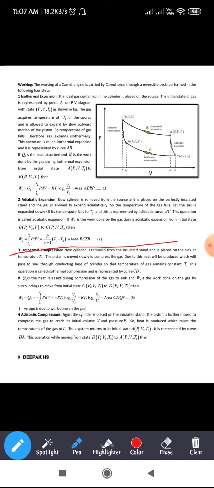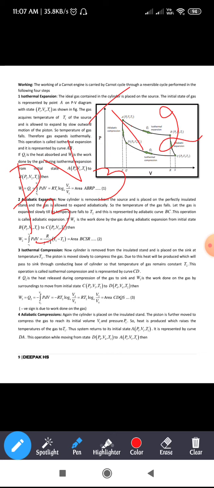Next, coming to isothermal compression. We shift the cylinder and place it on the sink, and the gas is allowed to compress. When the gas is compressed, the temperature of the gas increases. Before the gas is allowed to compress, this was the value of pressure, volume and temperature.